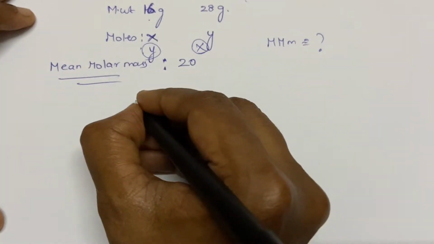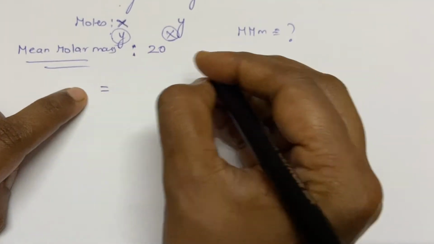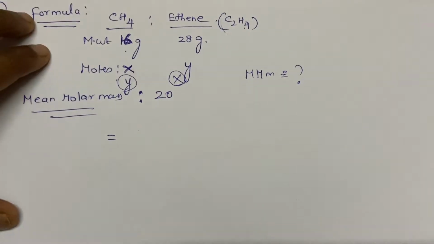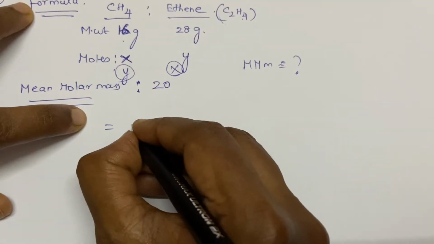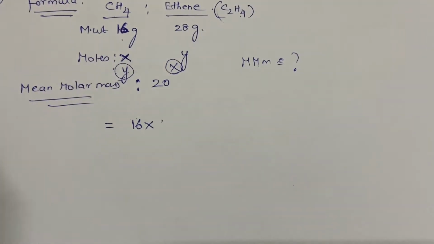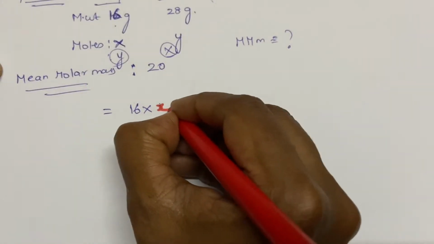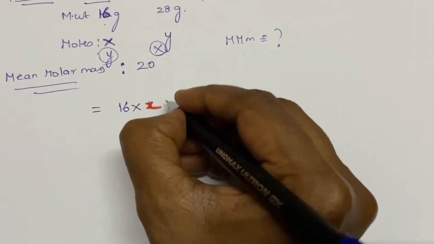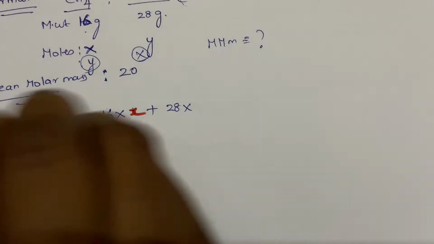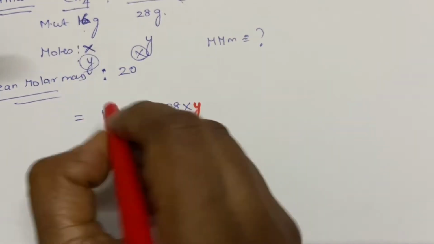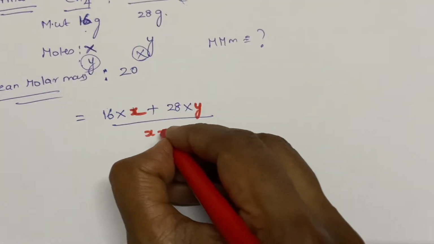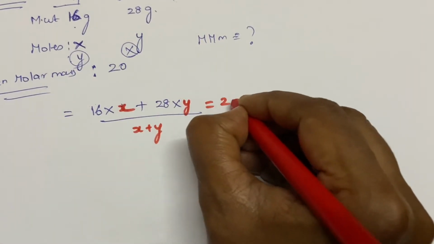So first of all, what is the formula for mean molar mass? We have mixed methane and ethane here, so it is the molecular weight of methane into the number of moles, x, plus the molecular weight of ethane into the number of moles, y, divided by the total number of moles, and they have given the value to be 20.